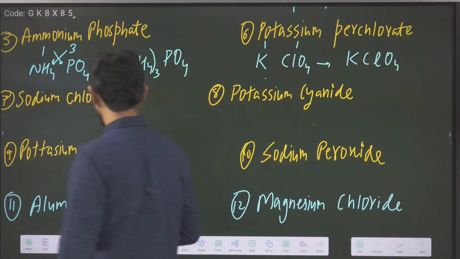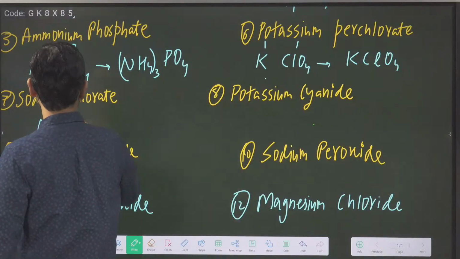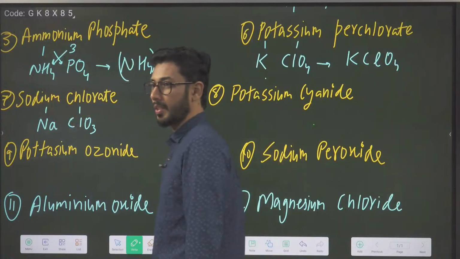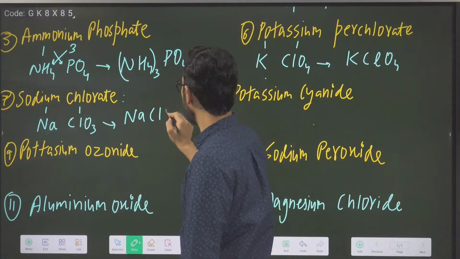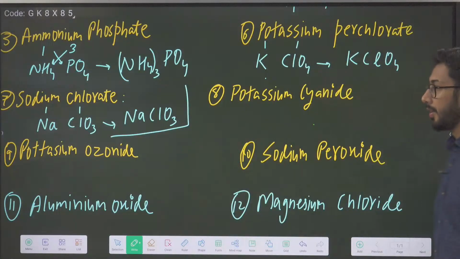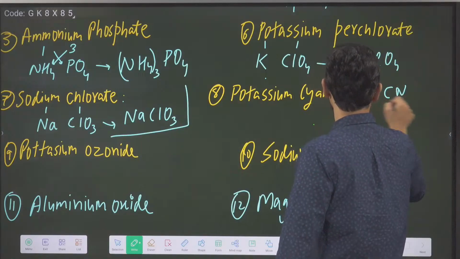Seventh, sodium chlorate. Sodium is Na plus 1 net charge, chlorate ClO3 minus. Net charge written, the answer is NaClO3. It is sodium chlorate. Next one, potassium cyanide. All of you know it is KCN.